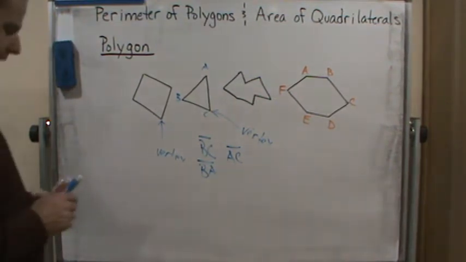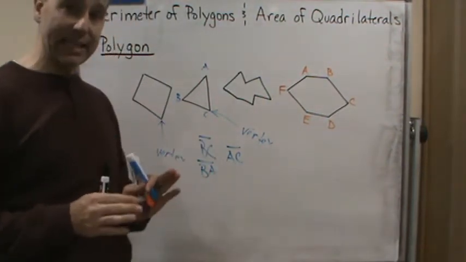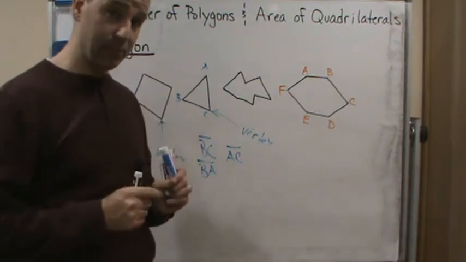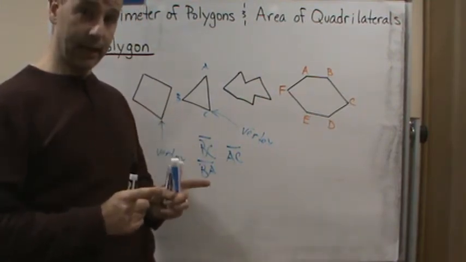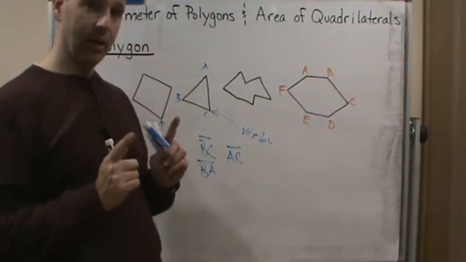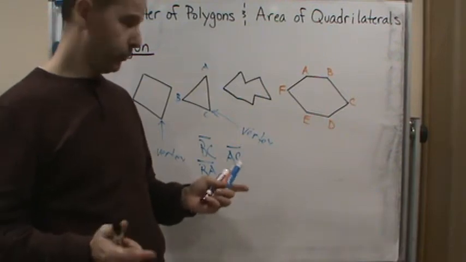Now, diagonal. What is a diagonal? Okay, a diagonal is any line segment that connects any 2 points in a polygon except the points that are adjacent to that point. Okay?